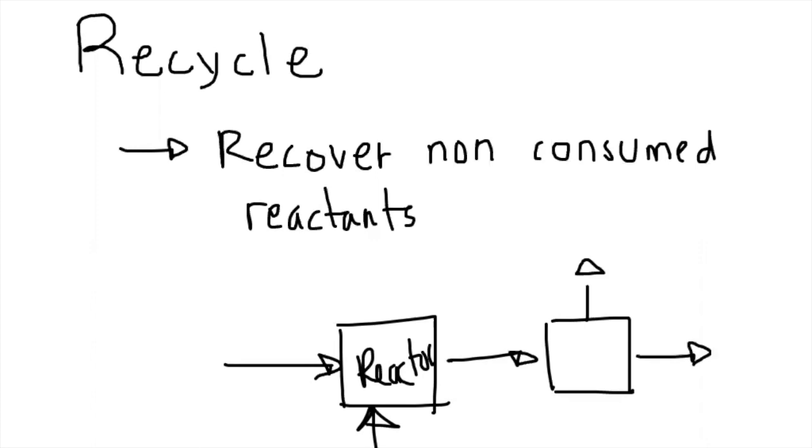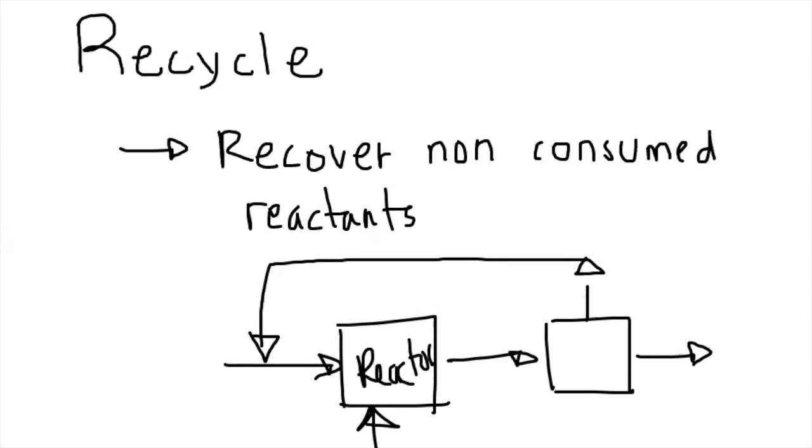And it is important for us to understand that probably in this separation, we want to recover some reactants that are going to be contained because they didn't react. So we can recover them. It is expensive for us to just let them go to the environment, because finally these are going to cost some money. So if we want to recover these non-consumed reactants, we are going to use a recycle.